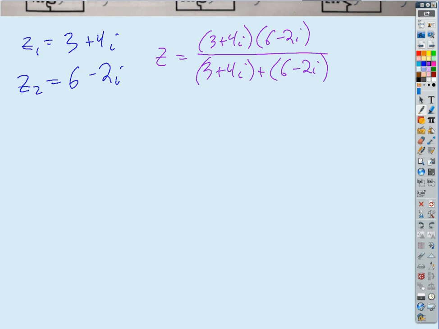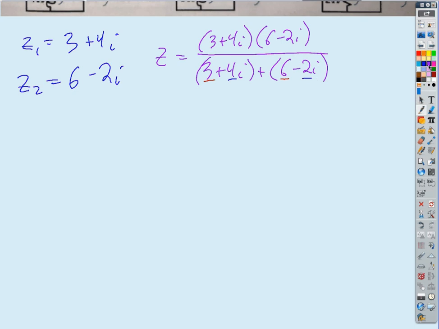Well, how did we add complex numbers? That was easy. George, how did we add complex numbers? What did we do? Okay, so here I've got a real part and an imaginary part, plus a real part and an imaginary part. So we're just combining like terms. We're going to add up the real parts, and we're going to add up the imaginary parts, right?